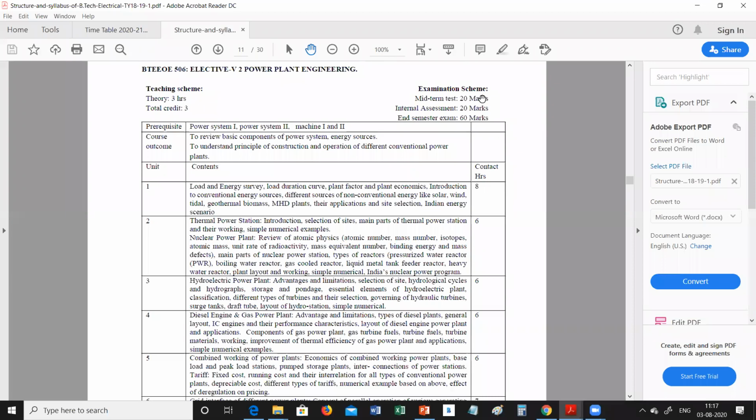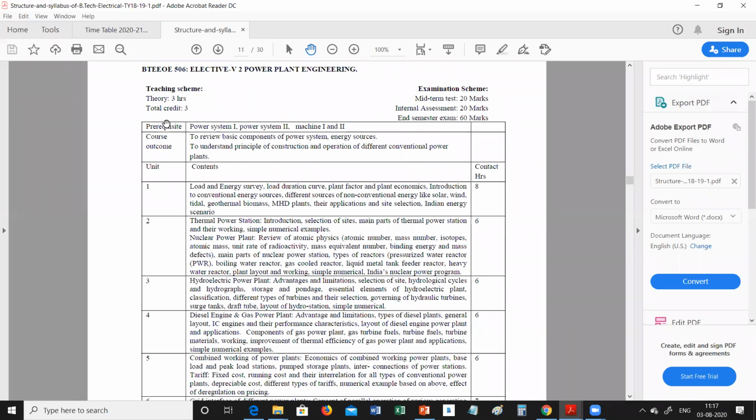The midterm test will be of 20 marks, internal assessment of 20 marks. There are 6 chapters, so there may be 6 assignments. Depending on them, I will give you 20 marks. The assignment must be submitted on time.